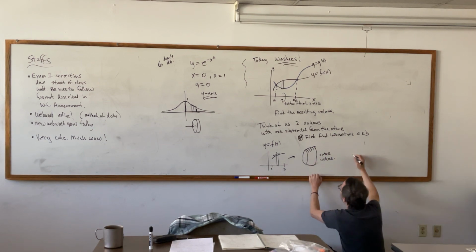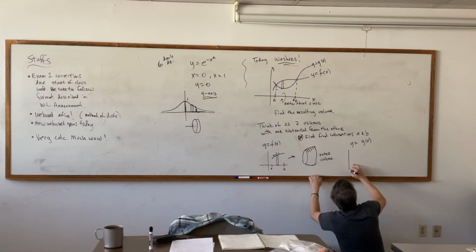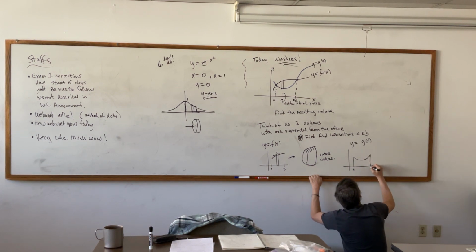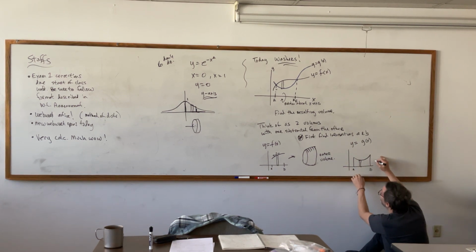And then this inner volume is governed by g of x. And that thing's going to look like this from A to B. Something like that. There's A, there's B. And we're taking those slices and spinning those around the axis. And what we get is something that looks like this.